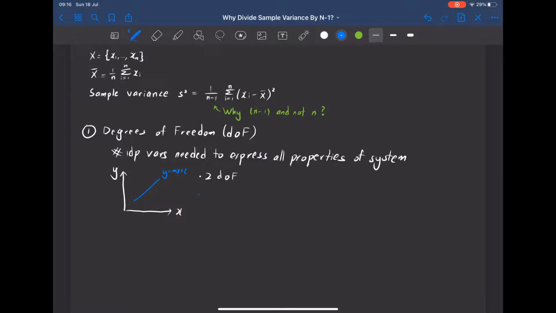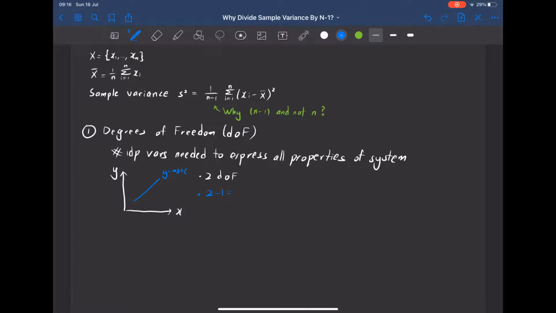In this case, suppose I have a value x1. Then the value of y is fixed because I have a constraint y equals mx plus c. So I don't need to know the y values, I just need to know the x values. So this means that I can describe the whole space with a constraint just with one dimension, my x-axis or the y-axis.